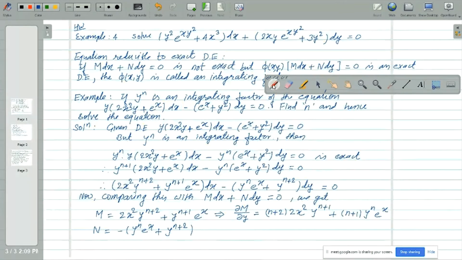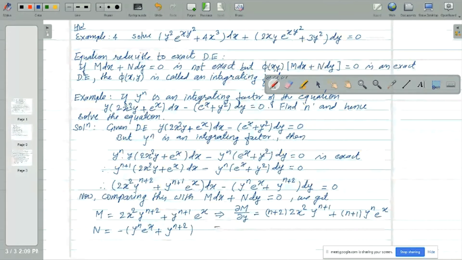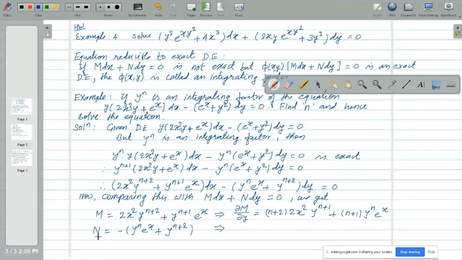Now I am differentiating N partially with respect to x. So dou N by dou x equals minus of y raised to n, which is a constant, and the derivative of e raised to x is the same, e raised to x.